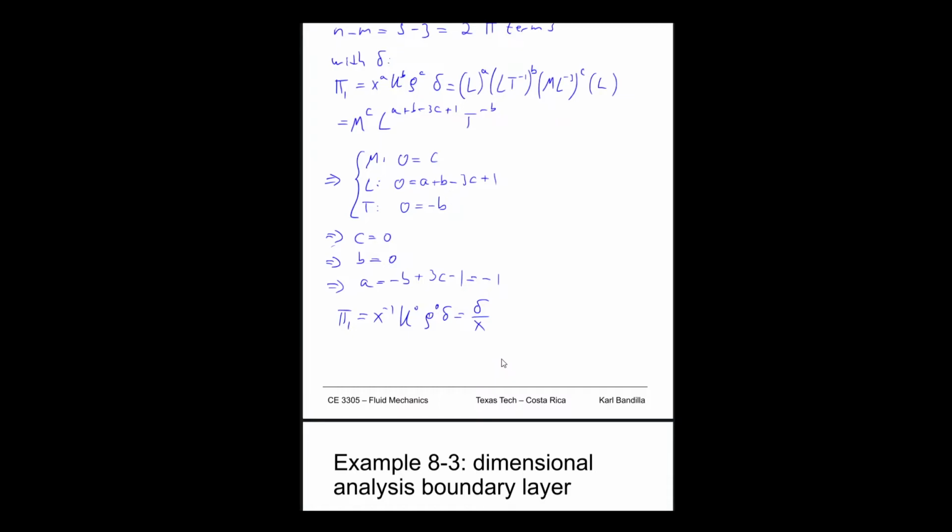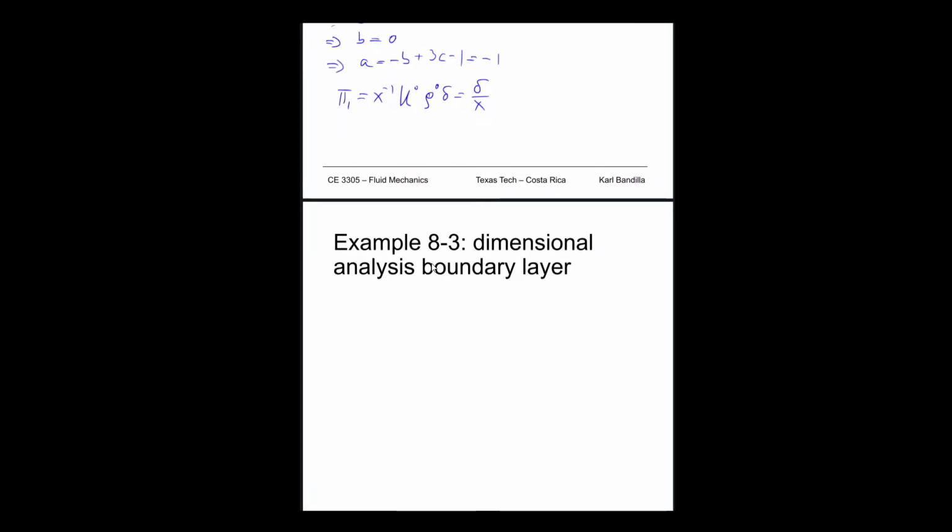Then we can go to our second one, basically the same thing, but now instead of delta, we'll use mu. So with mu, we get our pi 2 term. That would be the same as before, x to the a, u to the b, and rho to the c, but now times mu.